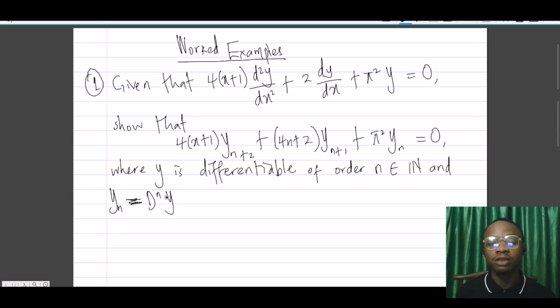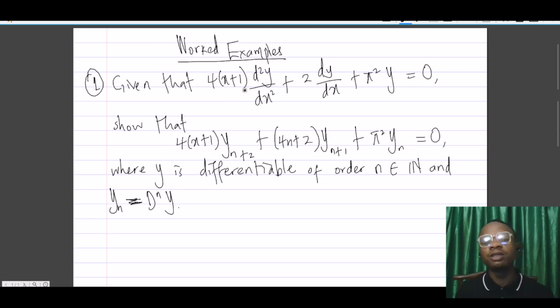So when we come across it subsequently, we may not have this indicated, but we just know right now that this is another way to denote the nth derivative of y. All right, so let's go ahead and solve this problem now.